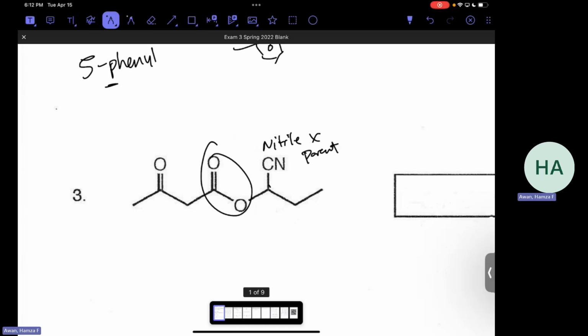Instead, it's going to be this ester, right? Esters have a higher priority than nitriles. So if you were to go about it, it would be aldehydes, ketones, then nitriles, then esters. Esters are going to be your highest priority.